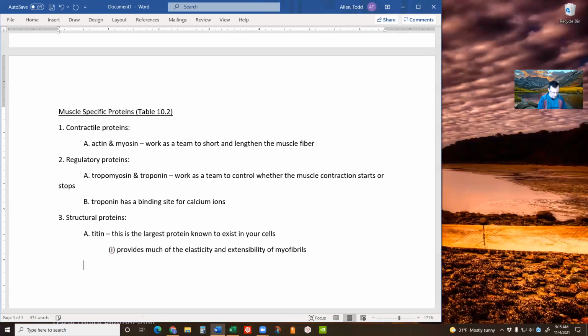And then please let me finish this last statement here. We need to talk about dystrophin. Dystrophin is a protein that links the end of the myofibril to the sarcolemma.